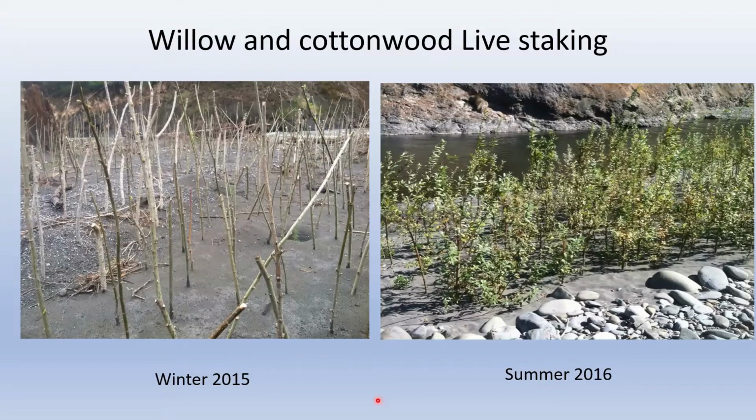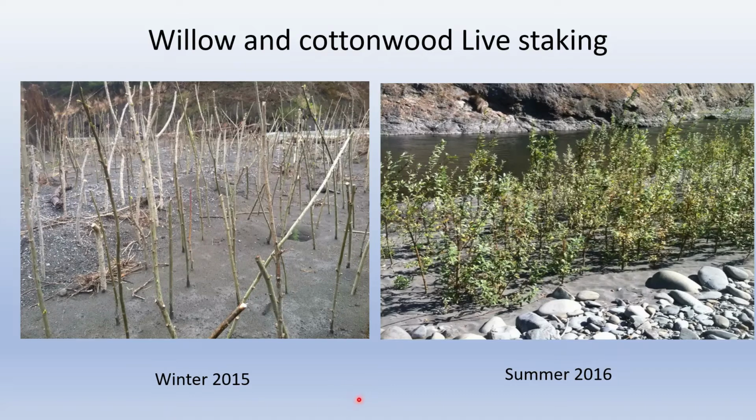So here is another restoration site. This is on the Elwha River. And this can be done in your backyard as well. This is live staking. Here is an example of live staking of willow and cottonwood.